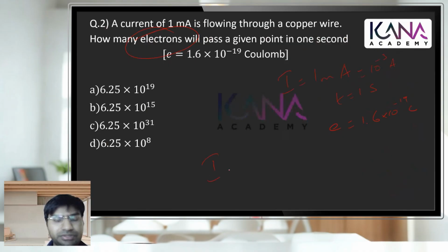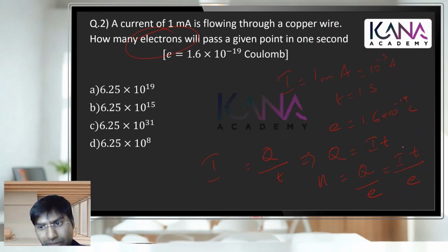The formula is I equals Q by T, which implies Q equals I T. The number of electrons is Q by e, so we can write this as I T by e.